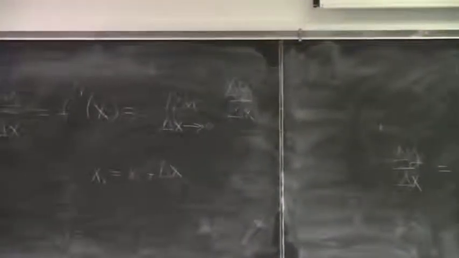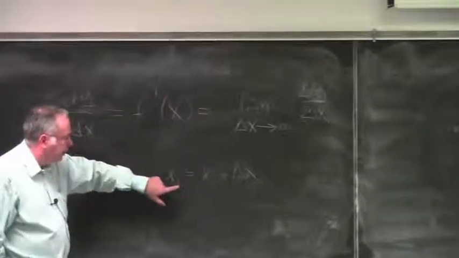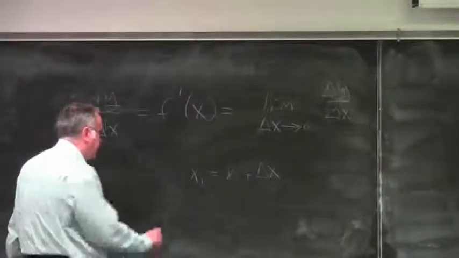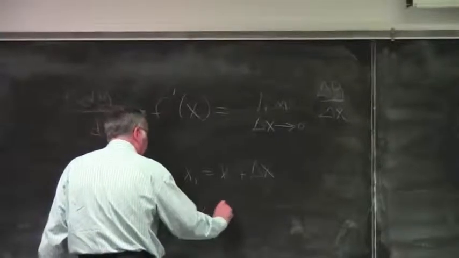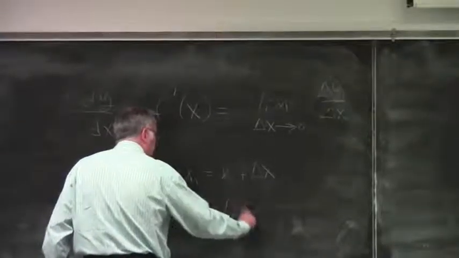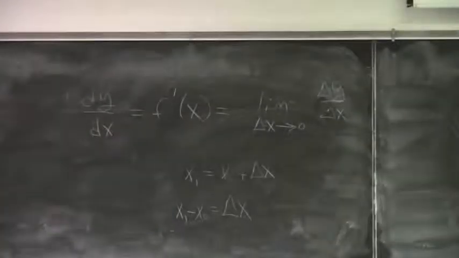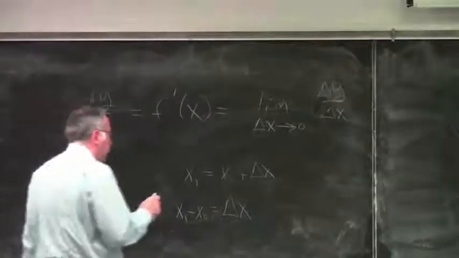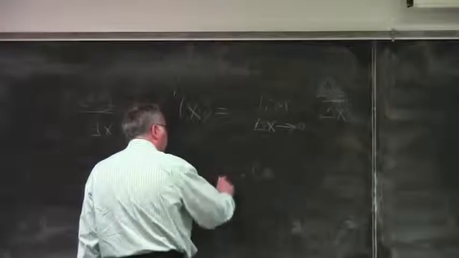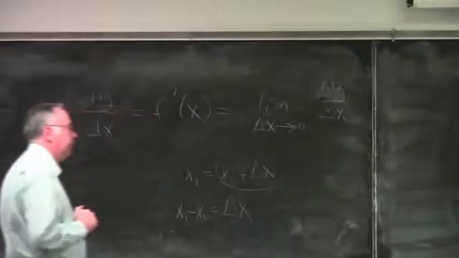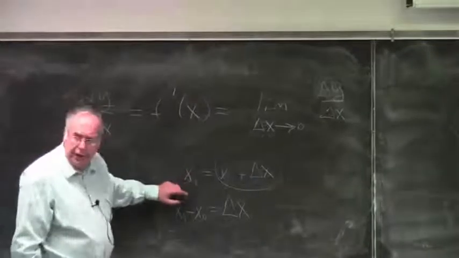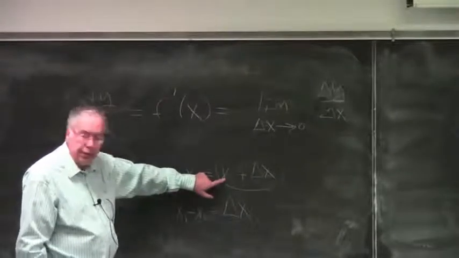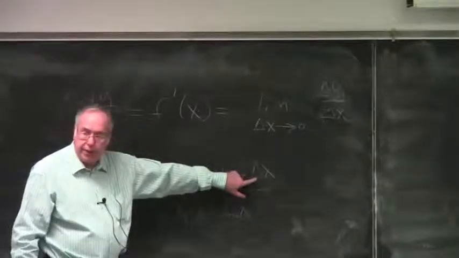Notice, if I just subtracted x sub 0 from both sides, you would see that that's true. x sub 1 minus x sub 0, of course, is the definition of delta x. It's going to turn out to be more convenient to write x1 as just x sub 0 plus delta x. This actually makes sense, because x sub 1 is the new value of x. It's just the original value of x plus the change in x.